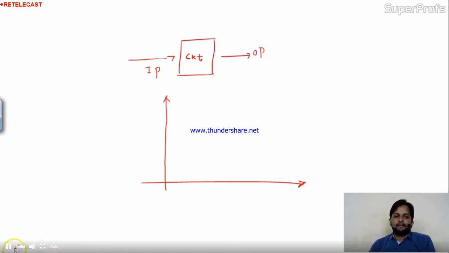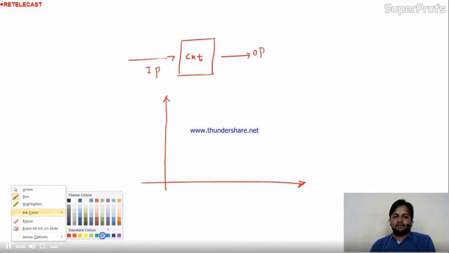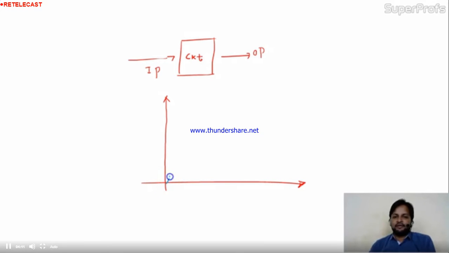Let me change the pen color so it will be easy to understand. This is the graph of the circuit. This is the output axis. This is the input axis, or you can say this is the time.